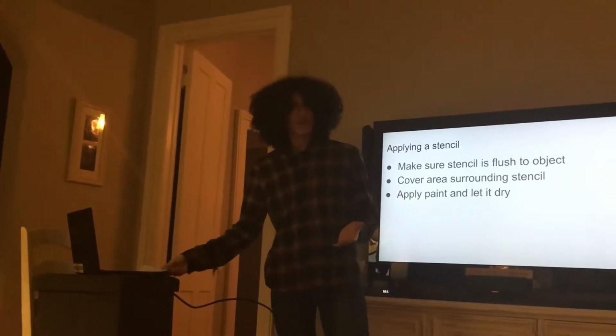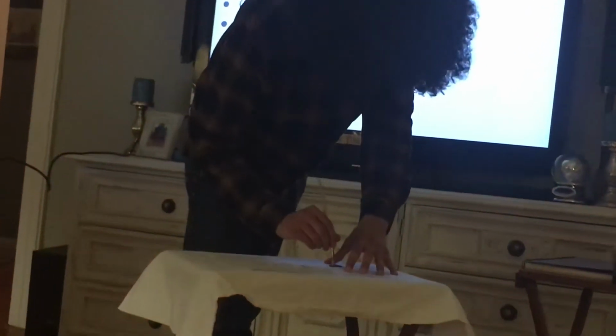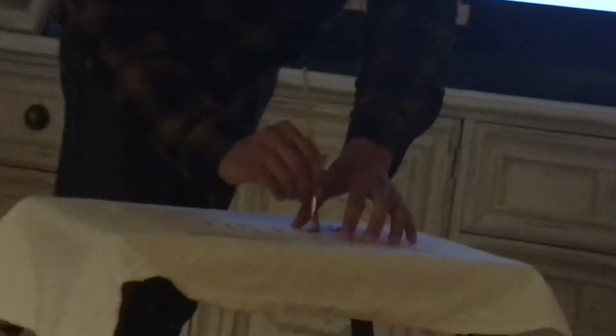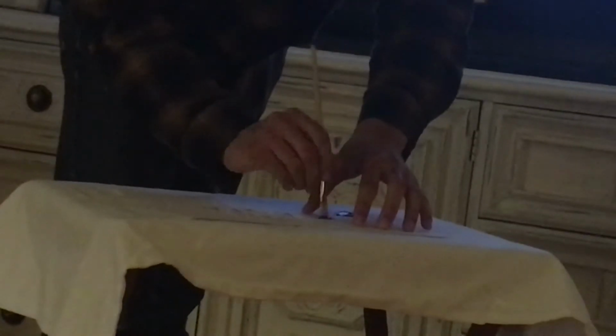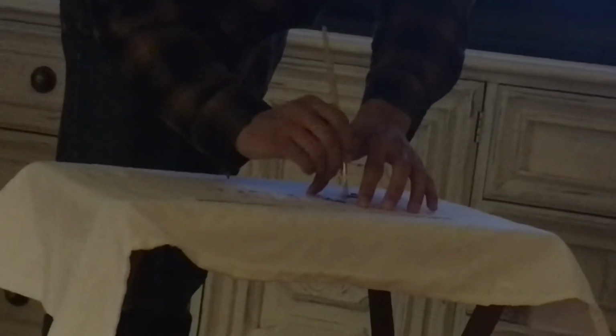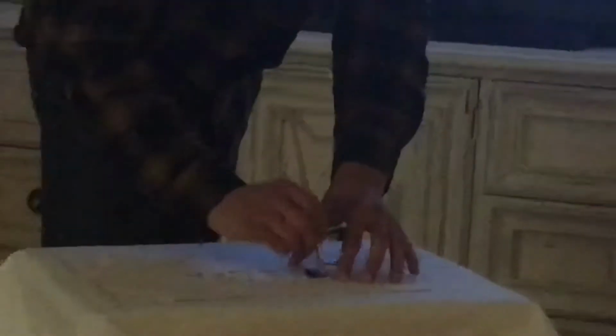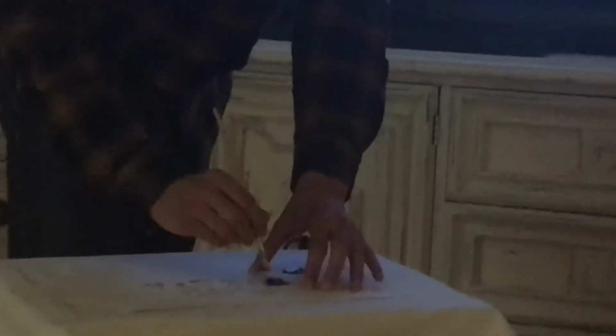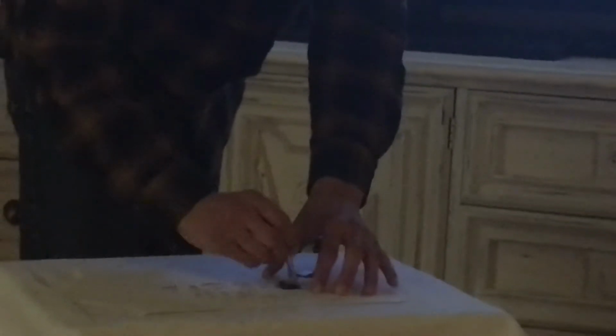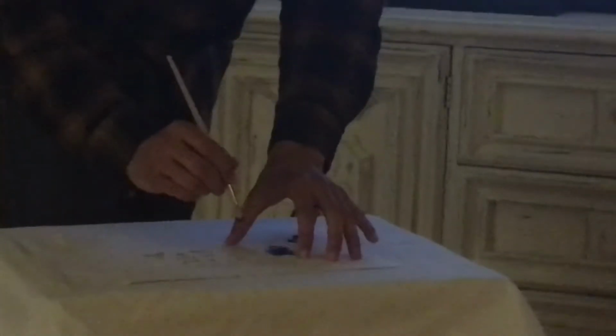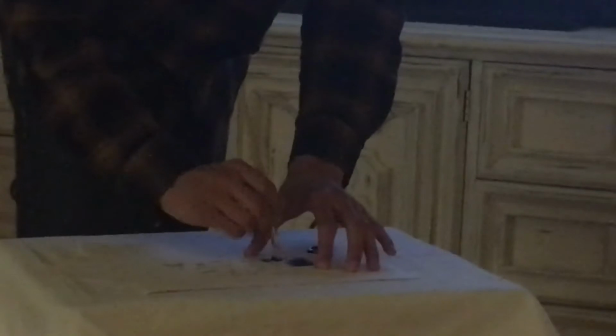And then you're going to want to apply a thin layer of paint. So I'm going to do that now. I'm just trying to make sure this is as thin as possible so that none of the paint leaks past the stencil, because that could skew the image a little bit.